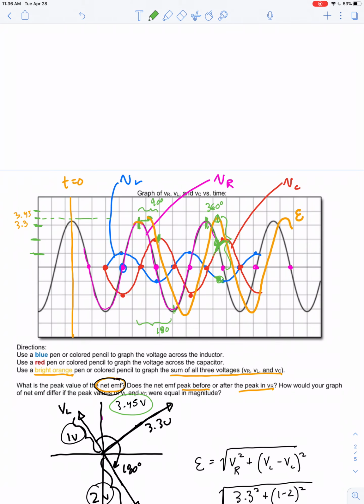If you pick any moment in time, by Kirchhoff's loop rule, the instantaneous EMF of the generator has to be equal to the instantaneous value of the voltage across the resistor plus the instantaneous value of the voltage across the inductor plus the instantaneous value of the voltage across the capacitor. That's just Kirchhoff's loop rule.